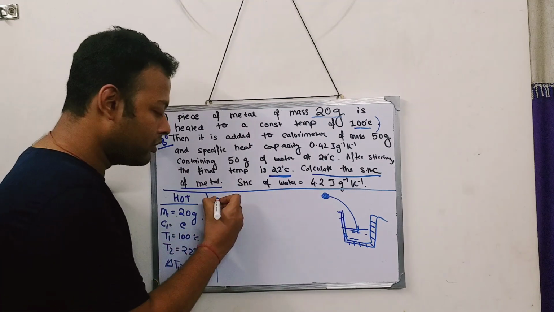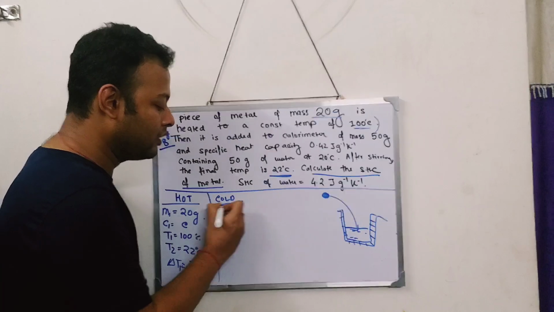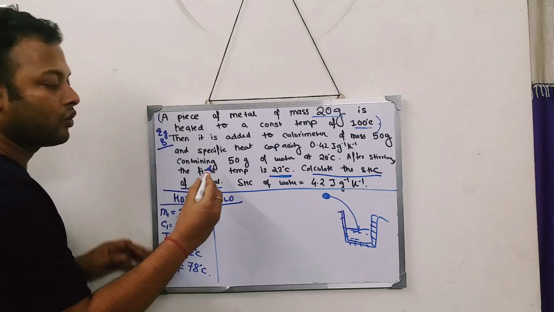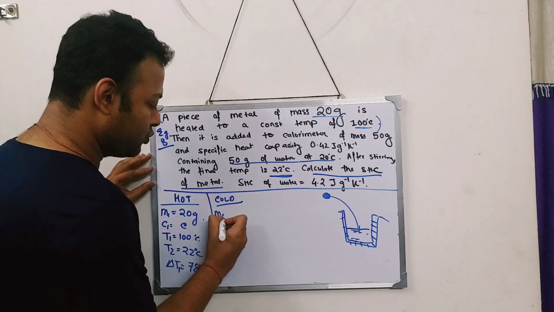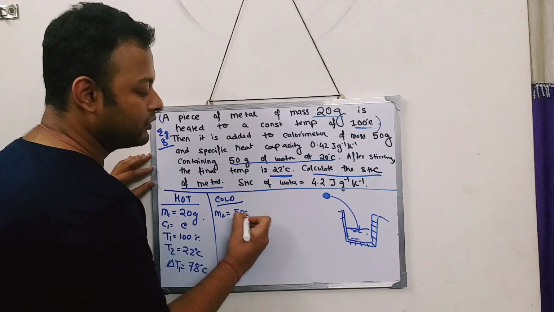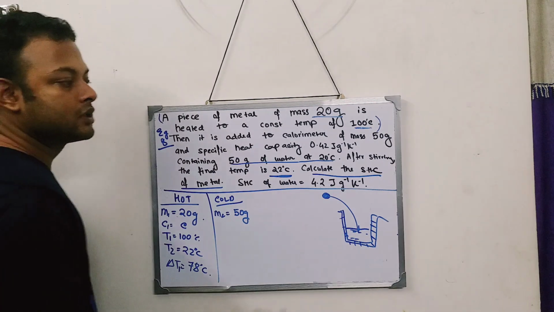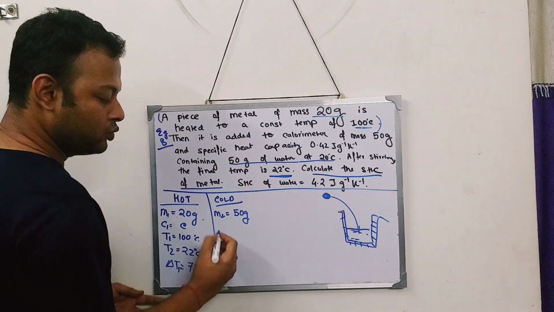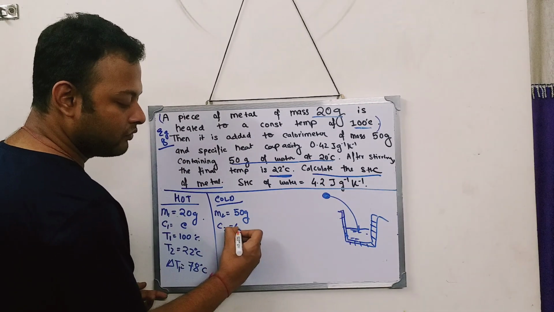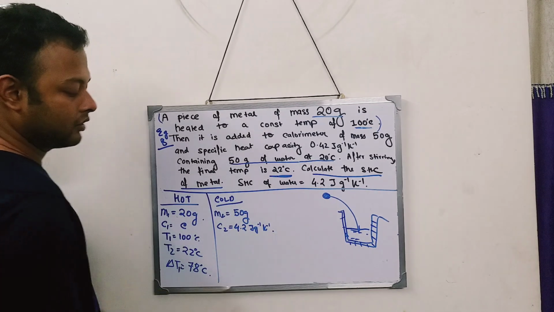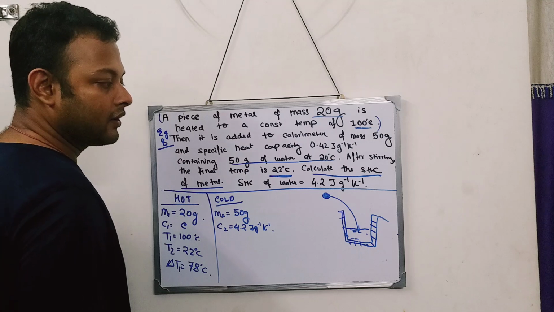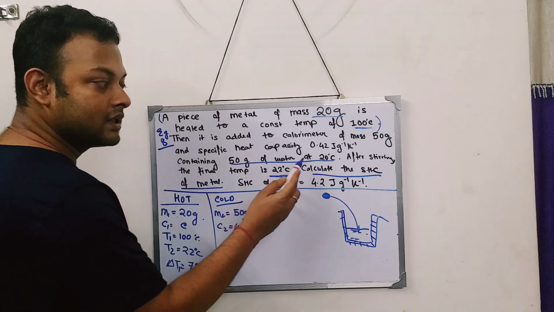So what is the cold body over here? The cold body right now is the water, containing 50 gram of water at 20 degrees centigrade. So the mass of the cold body is 50 gram. The specific heat capacity of water, C2, is given as 4.2 joule per gram per Kelvin. And this water is at what temperature?